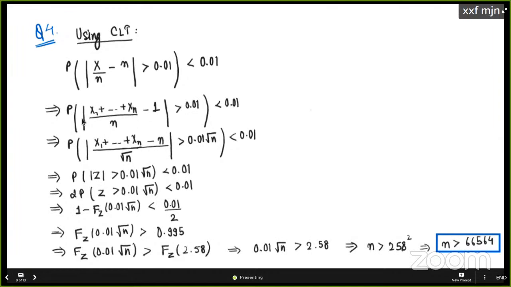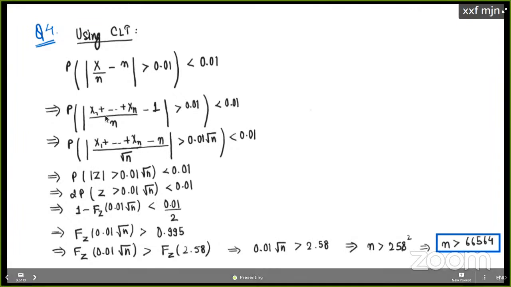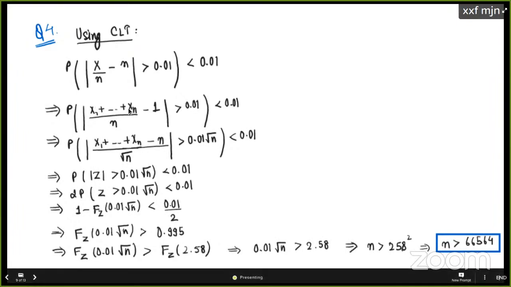The second one, because we know that x is gamma n comma beta. We have converted that into the sum of n independent IID random variables. So it will become x1 plus x2 to xn, or you can say y1 plus y2 to yn also, right? Divided by n minus 1 greater than 0.01 is less than 0.01. Now I can actually shift this n to here.